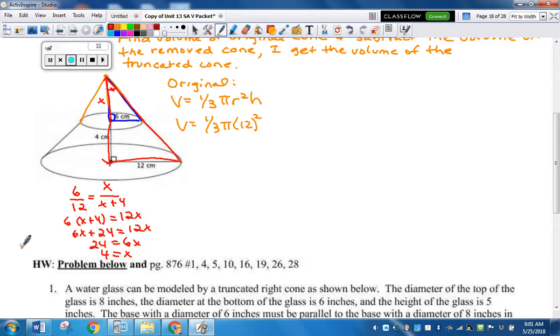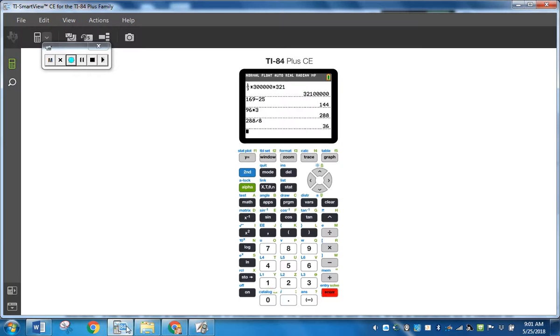So I know that the height of the original, or big cone, is now 8. That whole length. Okay, so for my volume, I'm doing 144 times 8 divided by 3, because it's multiplied by a third.